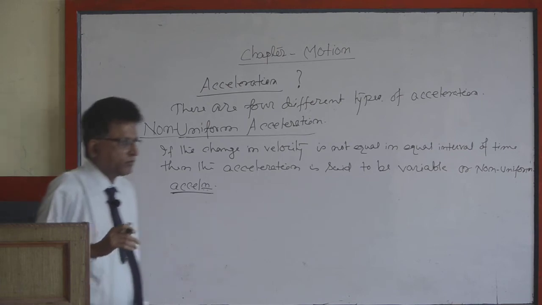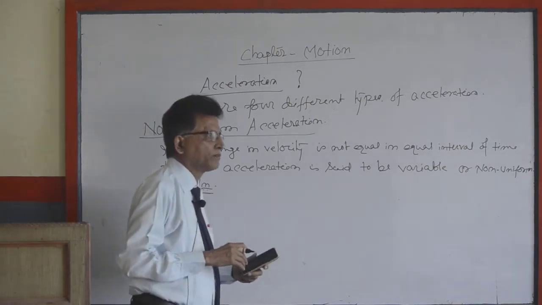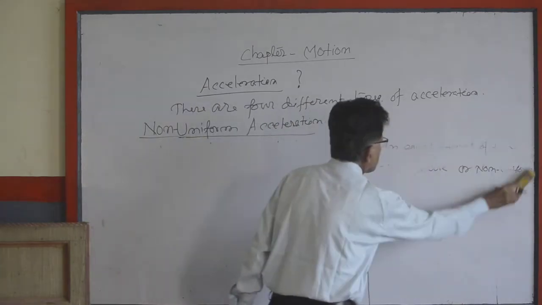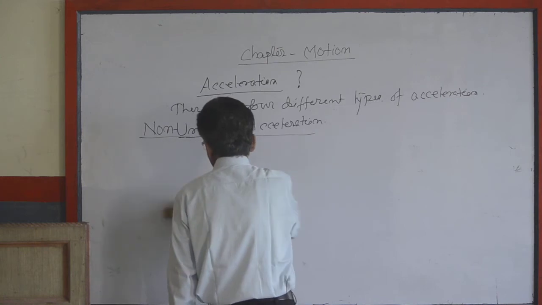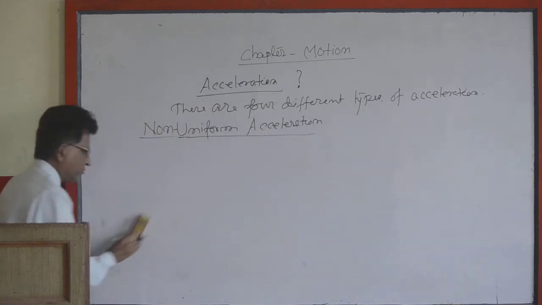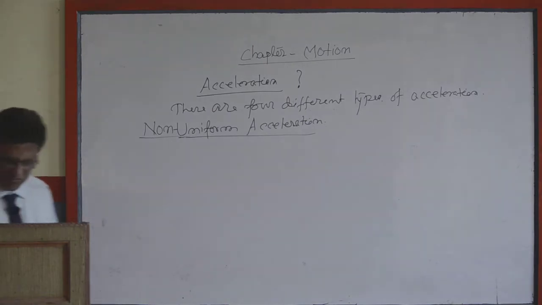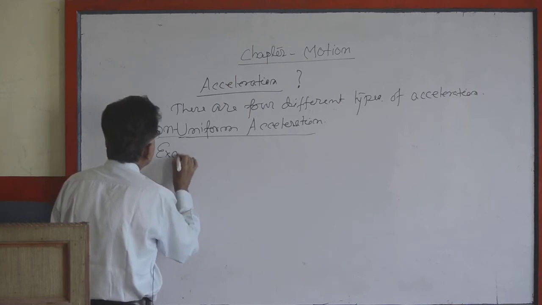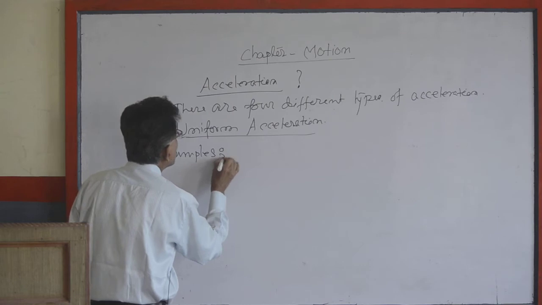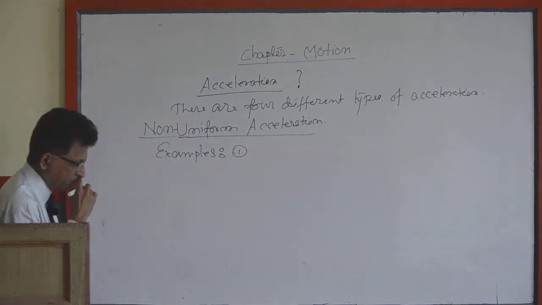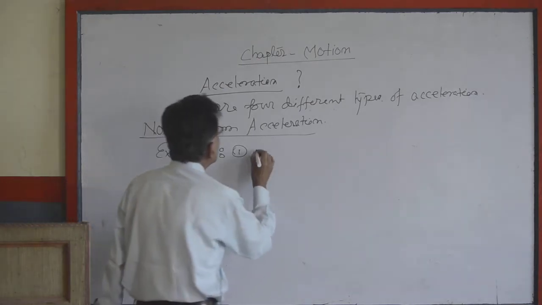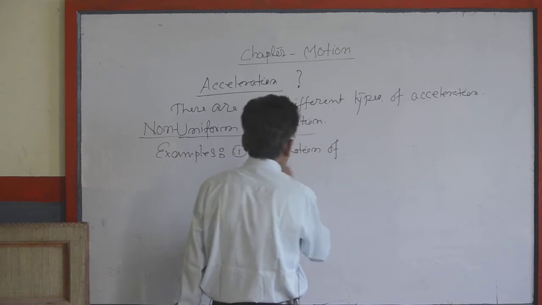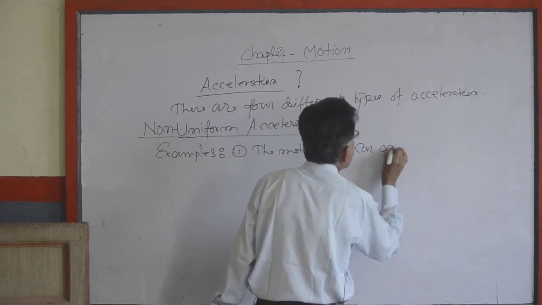Now I give you some examples of non-uniform acceleration. The motion of a car on a crowded road.